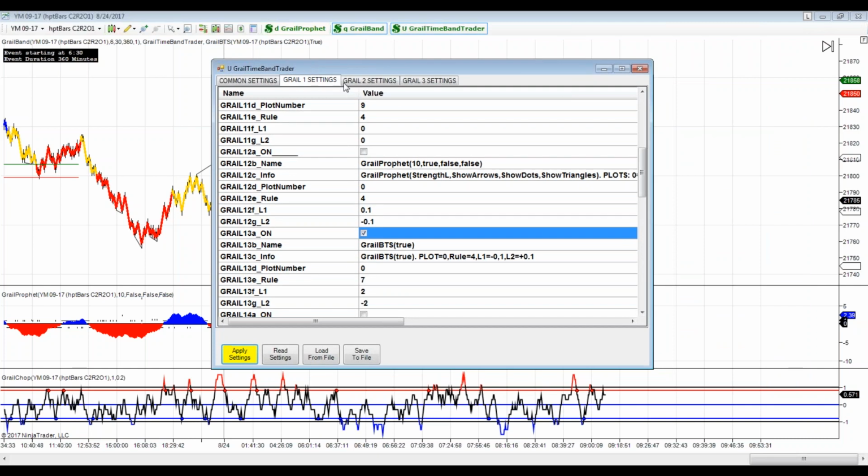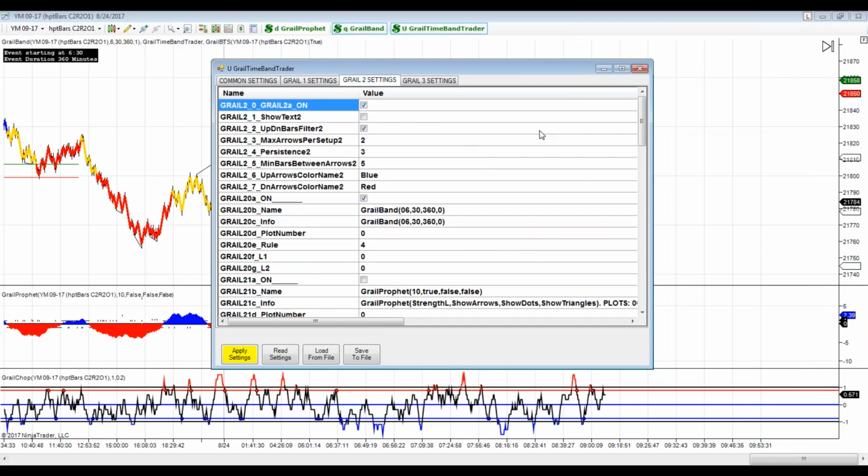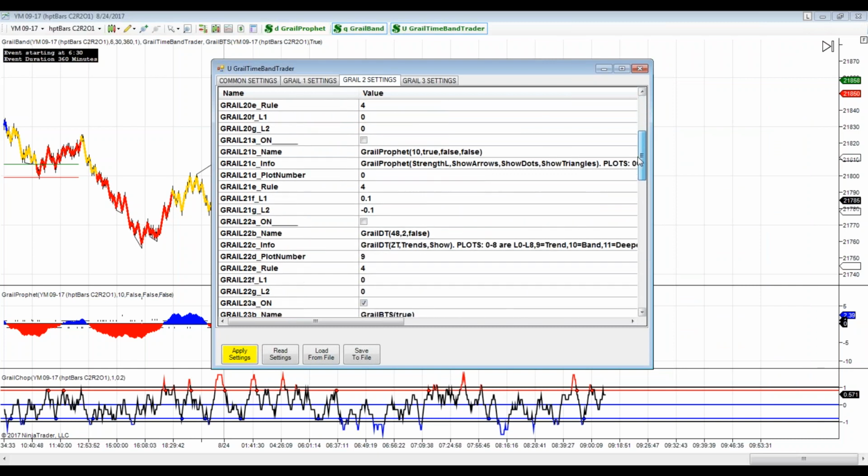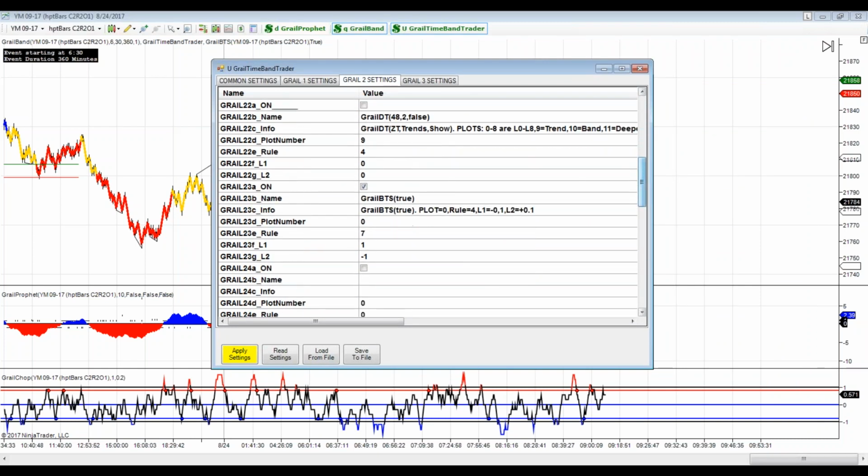Grail 2, I set my times, and what is it doing? The filter that it has is also the BTS, but notice this is set to 1 and -1.